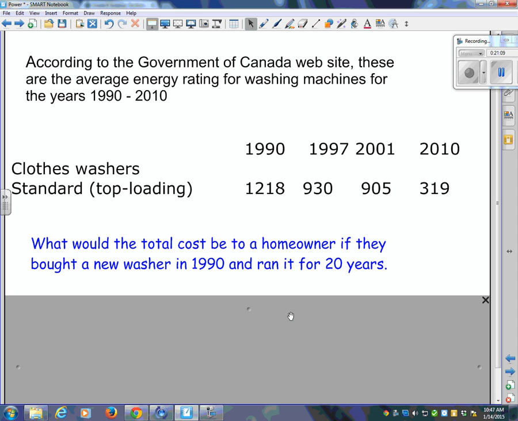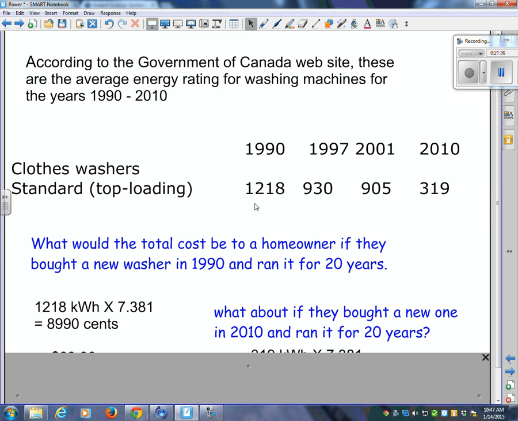Okay, we're going to do another cost analysis here. What would the total cost be to a homeowner if they bought a new washer in 1990 and ran it for 20 years? Every year they use 1,218 kilowatt hours. I don't need to divide by 1,000 because it's in kilowatts already, and I don't need to multiply by any hours because it's that many hours for the entire year.